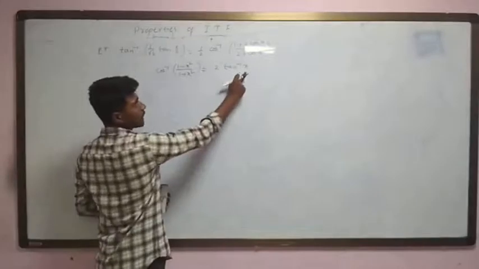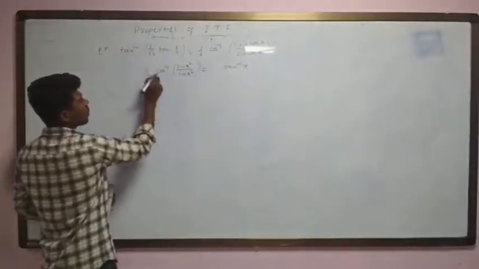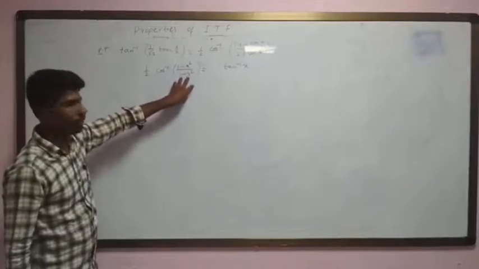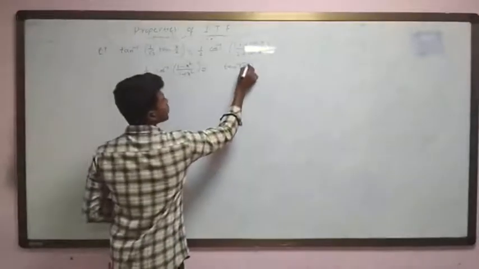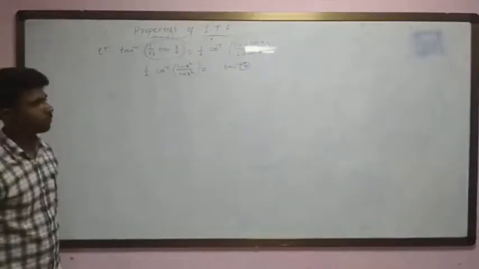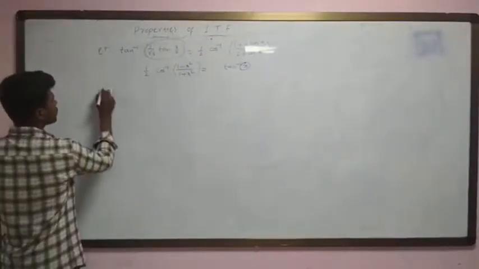So tan inverse x is equal to 1 by 2 cos inverse of 1 minus x square by 1 plus x square. Now in place of x, we have 1 by root 3 tan x by 2. Okay, we solve this LHS.